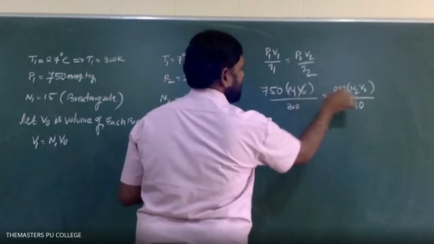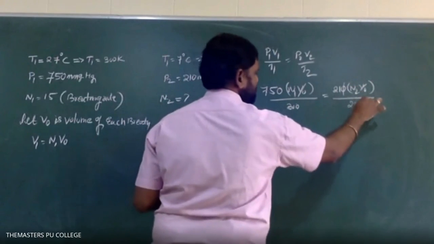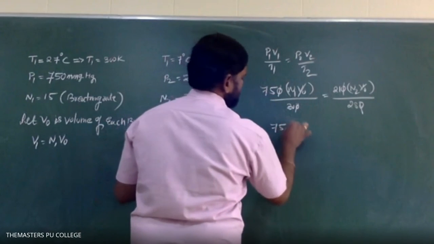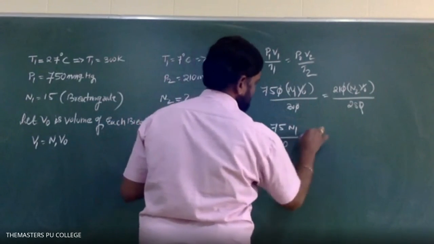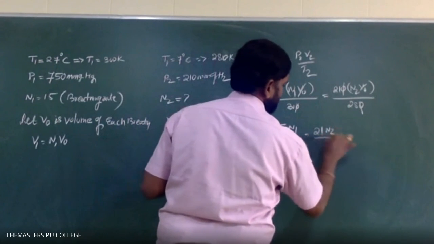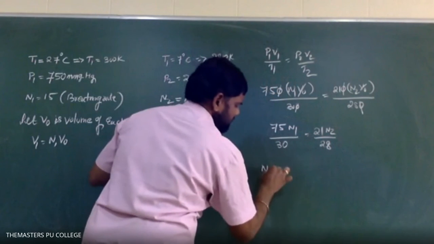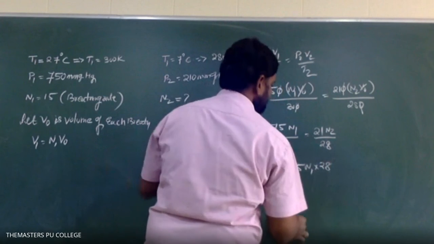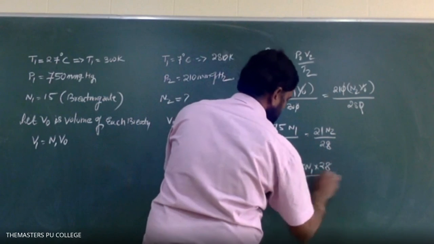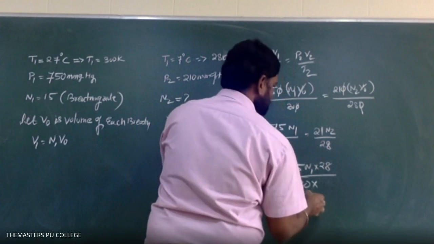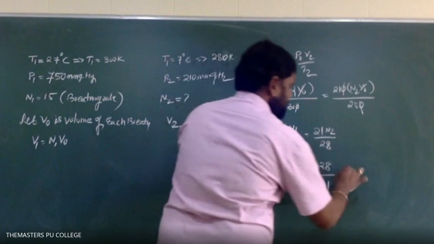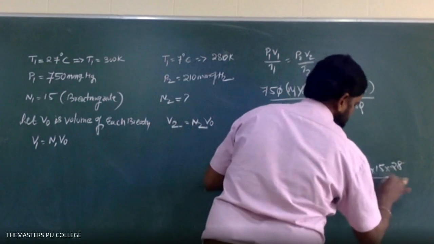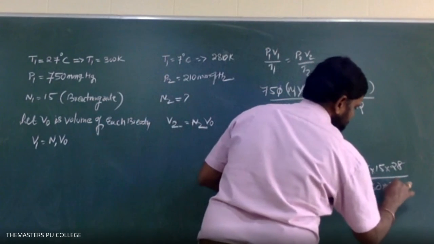So this V0 and this V0 get cancelled. 75 N1 by 30 equals 21 N2 divided by 28. Therefore N2 equals 75 N1 into 28 divided by 30 into 21. Substituting the N1 value, 75 into 20 into 28 divided by 30 into 21.